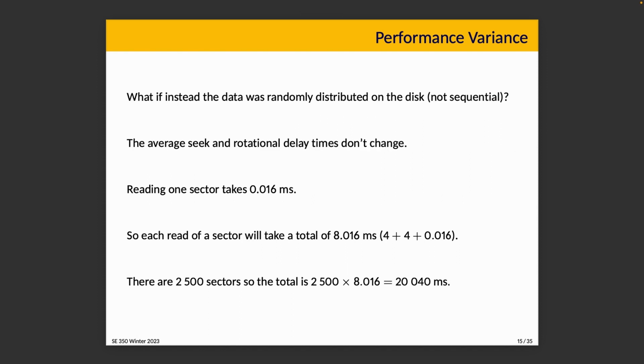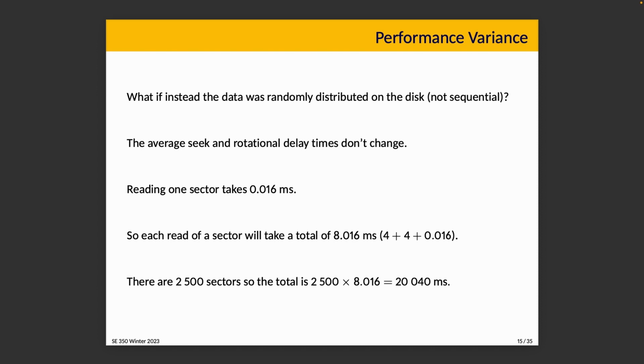What if instead data is randomly distributed on disk? So it's not sequential. We have to jump around on disk every time to get every single block of this data. Well, the average seek and rotation times don't change. Those remain as they were. But then we can just say, all right, reading one sector takes 0.016 milliseconds.